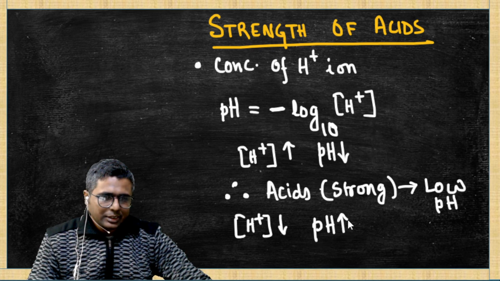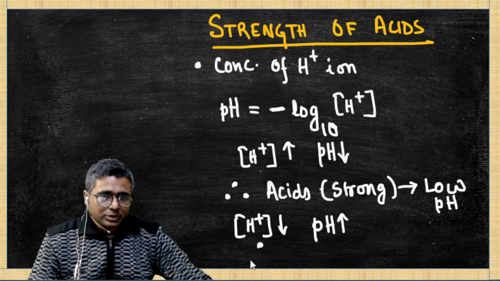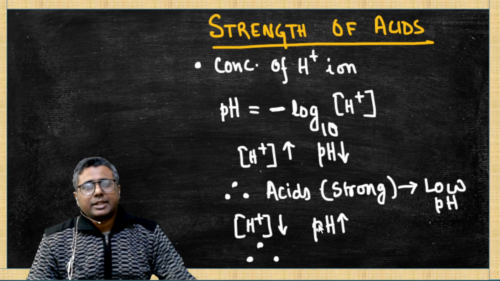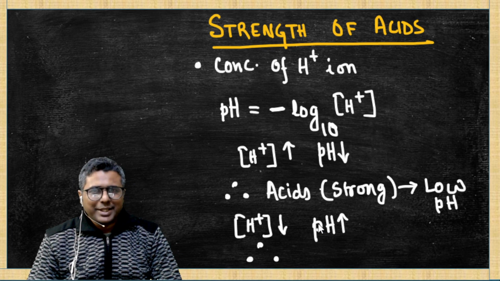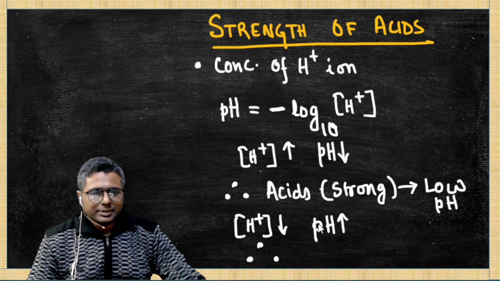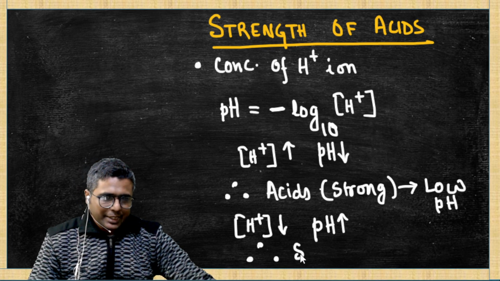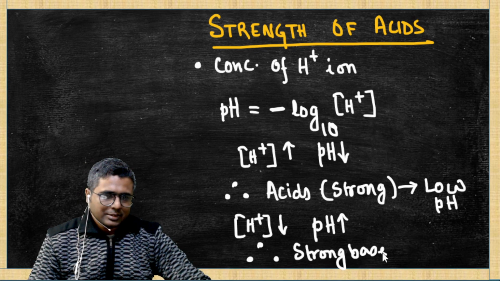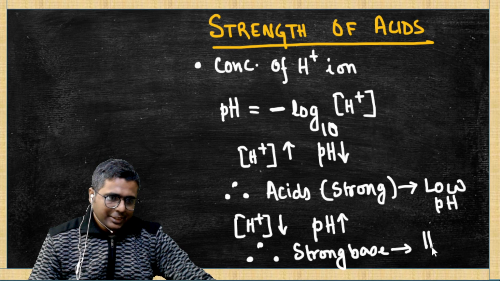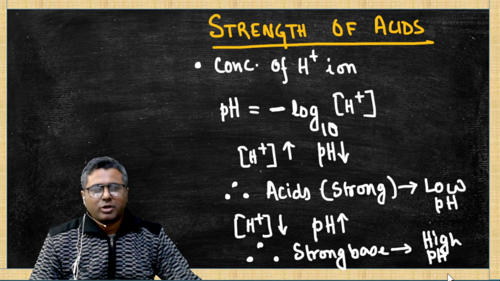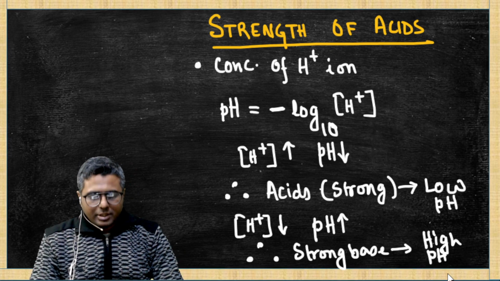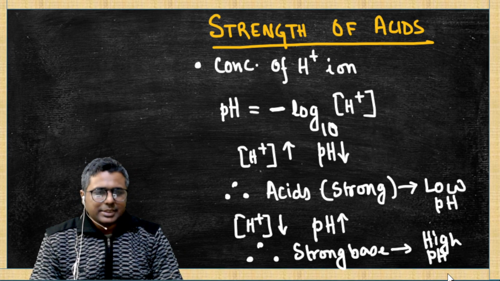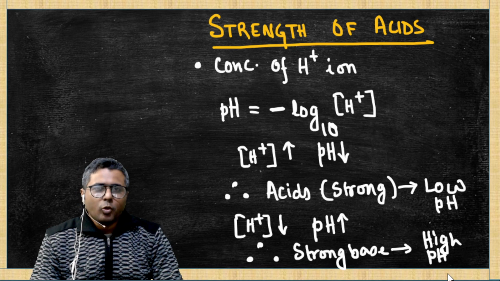This shows that in basic solution H plus ion will be less. So that is why a strong base will have a high value of pH. Strong base will have high pH. Strong acids will have low pH.